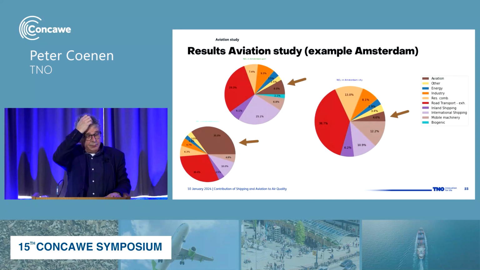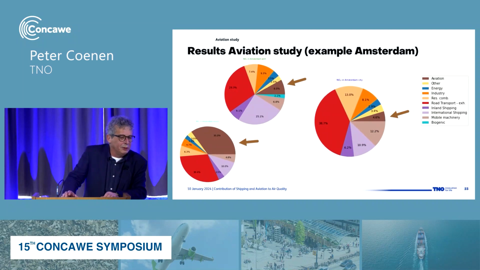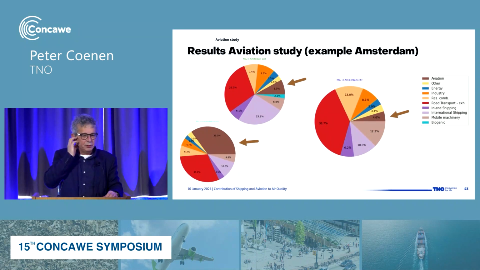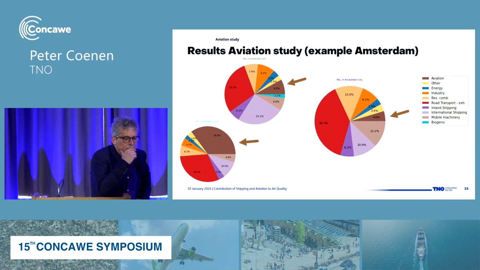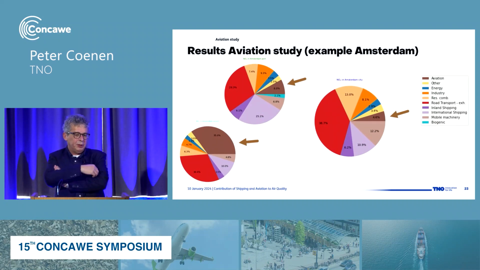So these are the pie charts for the 3 locations. On the left down corner, that's the airport, and you see that... Let's see, did I do it correctly? You see that the colors changed a little bit, but at the airport, more than 30% is due to aviation emissions.